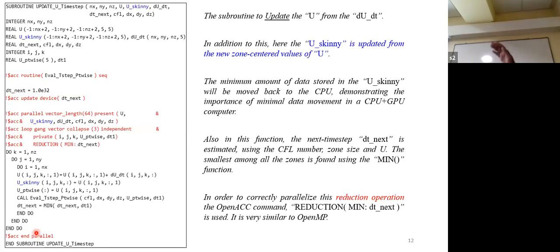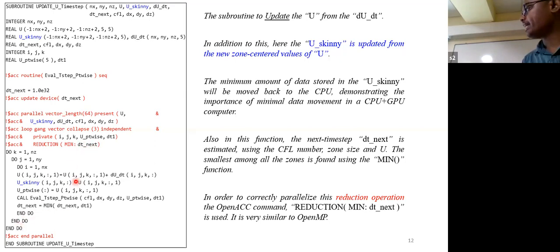Okay. So this has a small amount of variation compared to the other subroutines, mainly because we want to compute the delta t for the next time step from getting the speeds from all of the cells in the computation domain. In this scenario, we want to minimize the variable dt next, that is the delta t next.